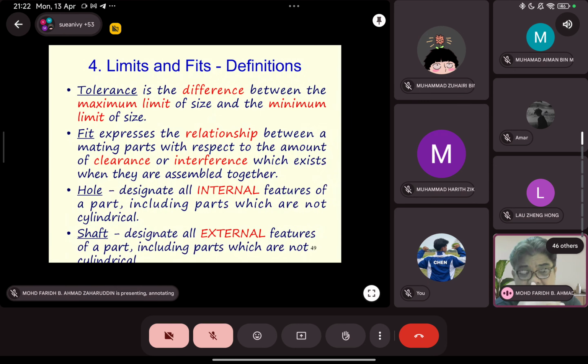That is the thing that I tried to explain previously. The amount of clearance and interference in assembly. And when we talk about hole, normally we are focusing on internal.